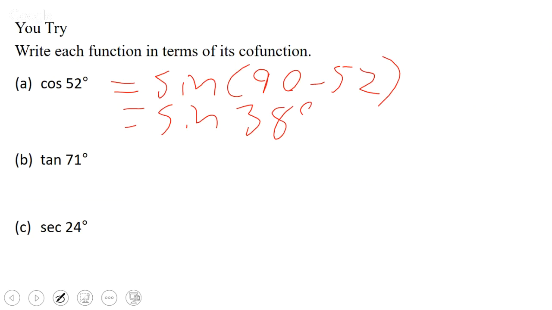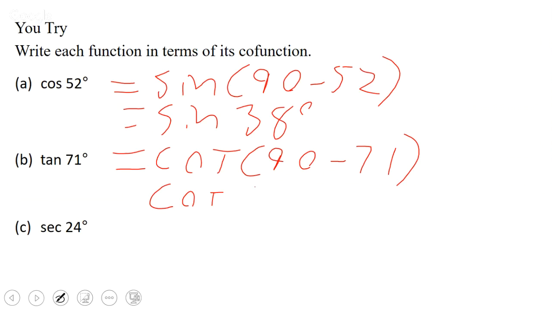So cosine of 52 degrees is the same as sine of 38 degrees. Well, tangent's cofunction is cotangent, and 90 minus 71 is 19. So tangent of 71 degrees is the same as cotangent of 19 degrees.